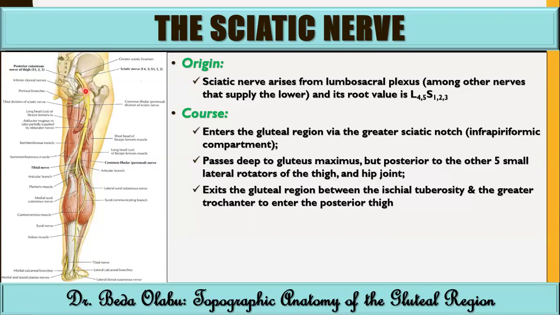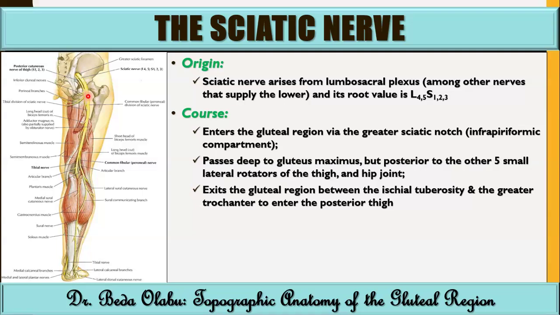From the gluteal region, the nerve exits the gluteal space somewhat midpoint between the greater trochanter on this side and the ischial tuberosity on this other side. That may constitute a surface landmark of the sciatic nerve.